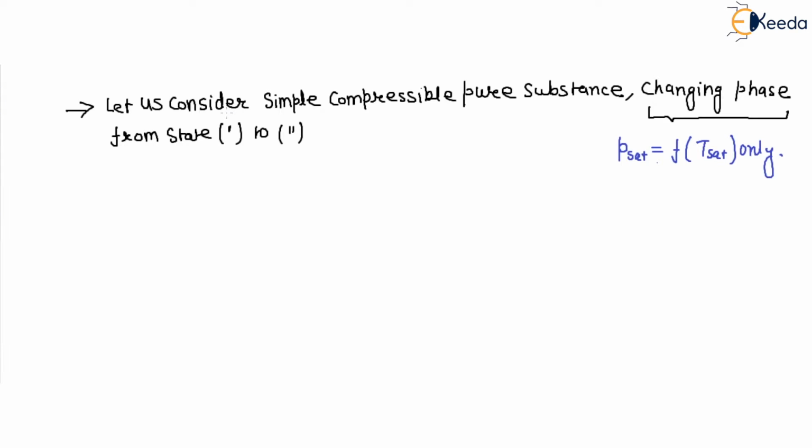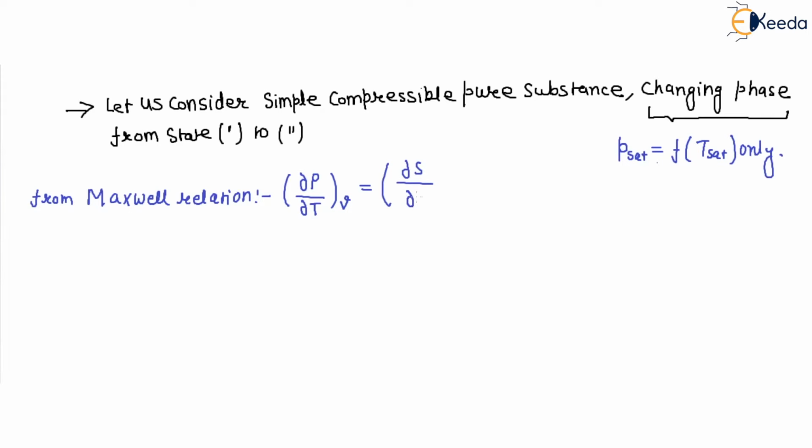So we know from the Maxwell relation that dou P over dou T at constant specific volume is equal to dou S over dou V at constant temperature.